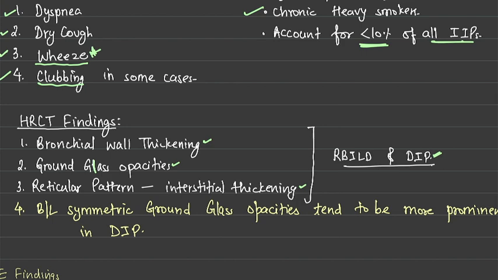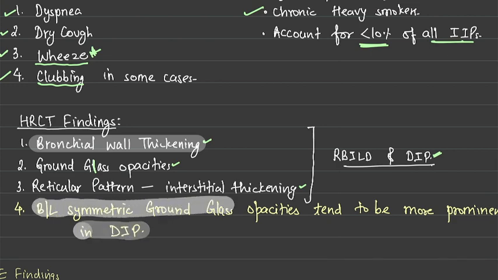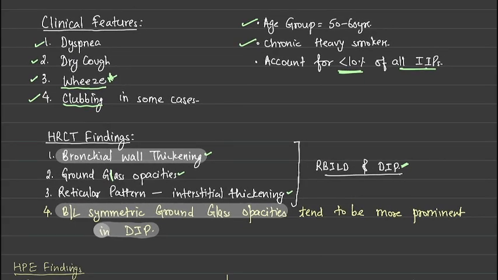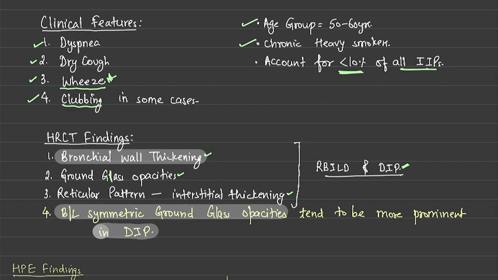So here what is important is bronchial wall thickening. There is a characteristic feature of DIP, that is bilaterally symmetric ground glass opacities, and they are very much prominent in DIP, more prominent. What? Bilaterally symmetric ground glass opacities.